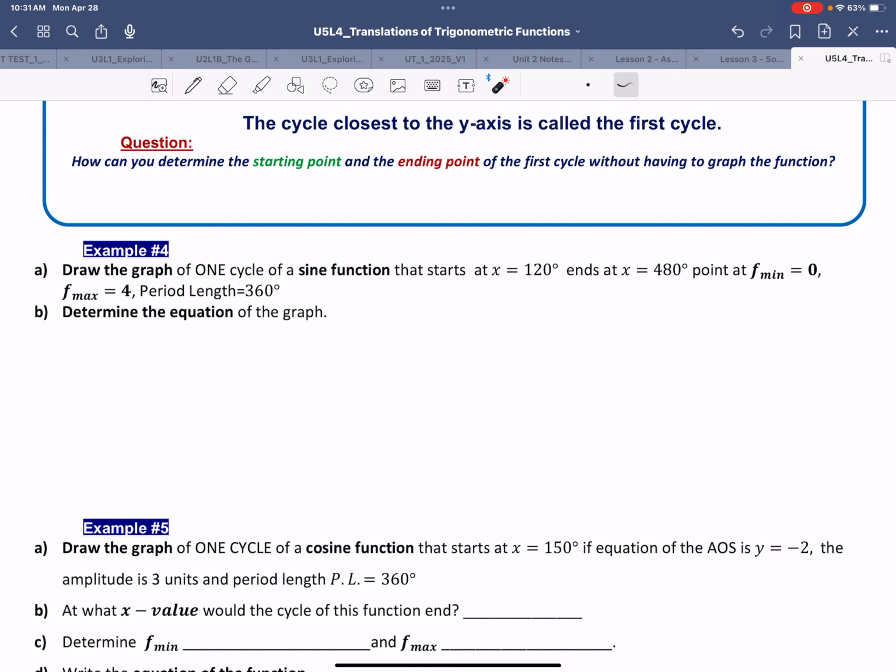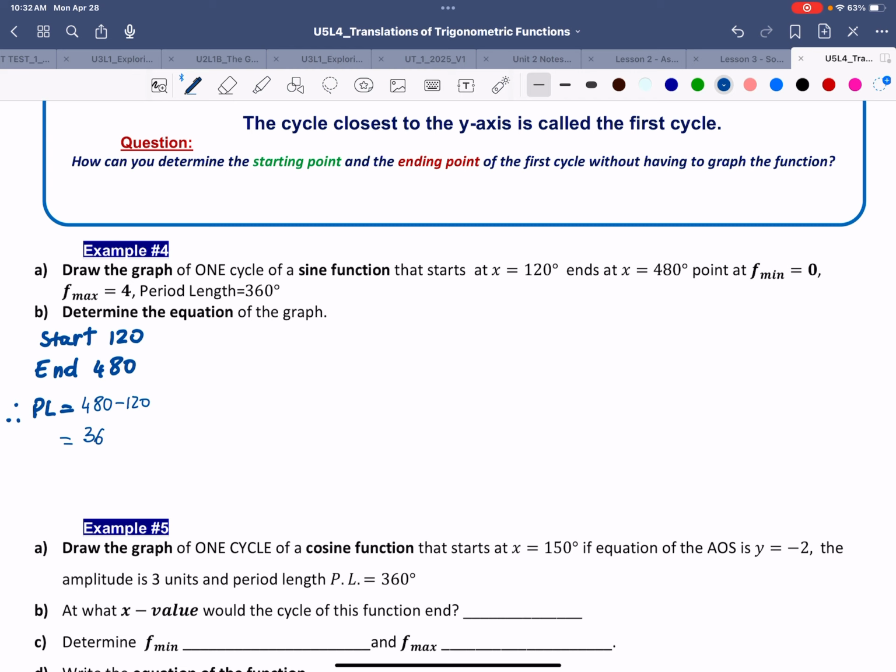So let's read the question one more time and clarify what information we're given. We're given 120 and 480 as the start and the end point of the graph. So what that means is that the graph starting at 120 and ending at 480 suggests that the period length of this graph will be the difference between 480 and 120. 480 minus 120 is 360 degrees.